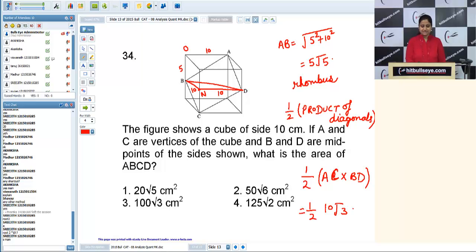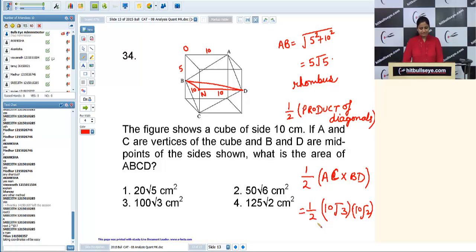Now since these two faces were perpendicular to each other, we can consider that BDN will be a right angle triangle. That's why BD length will be 10 root 2. Now that was the problem in this question, how to calculate BD. Now you can solve it. Still any problem in this question? You got why we have taken that BDN is a right angle triangle? Yes, Milan, if you are comfortable in coordinates, nothing like it.